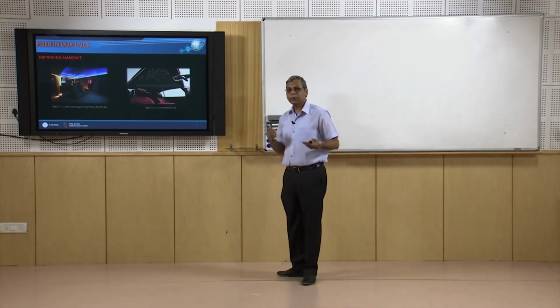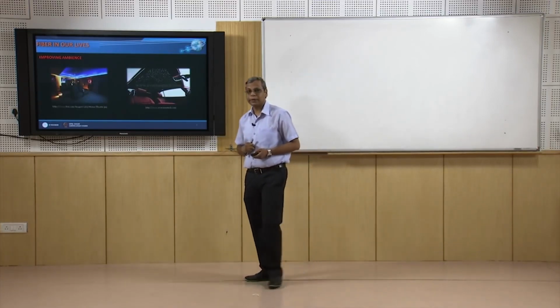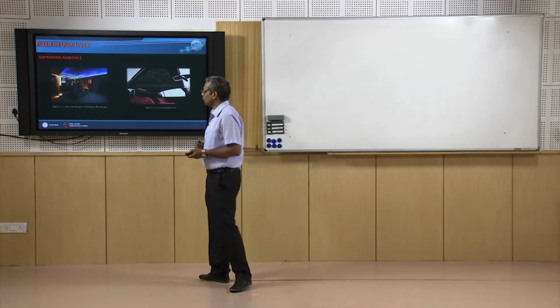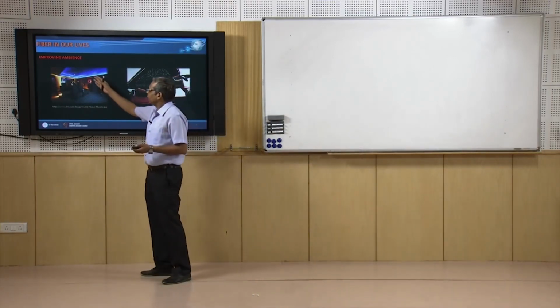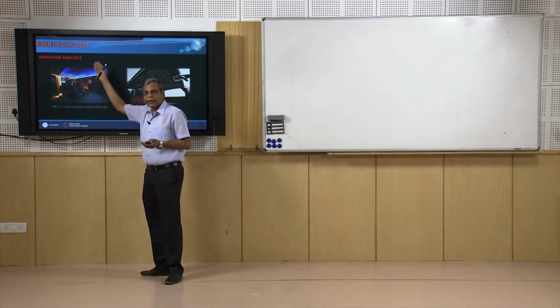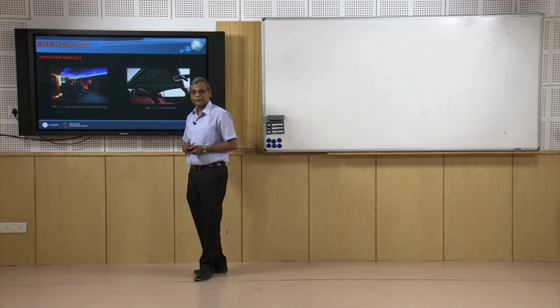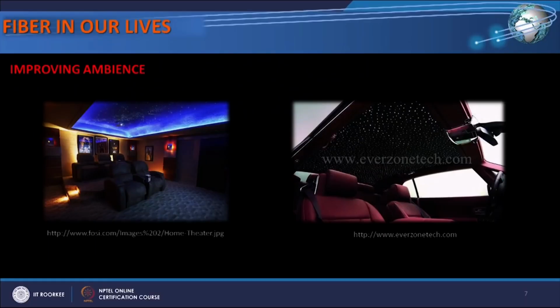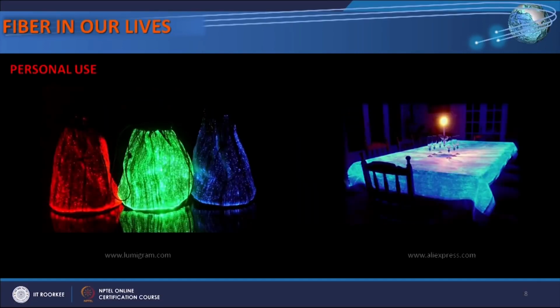We can also use optical fibers for improving our ambience. For example, you can make a ceiling of a hotel lobby like this, or you can make the ceiling of your car like this. You can also use optical fiber for your personal use, like you can make a fabric using optical fiber.